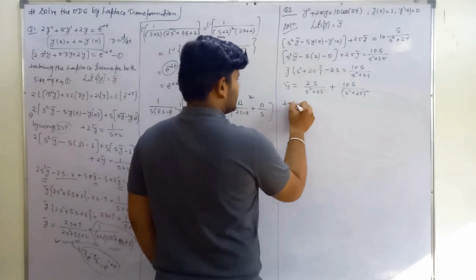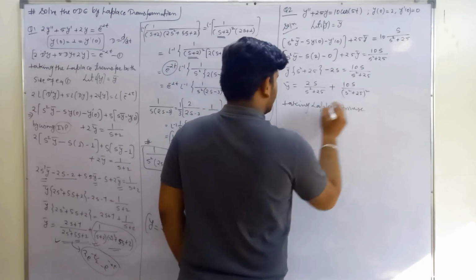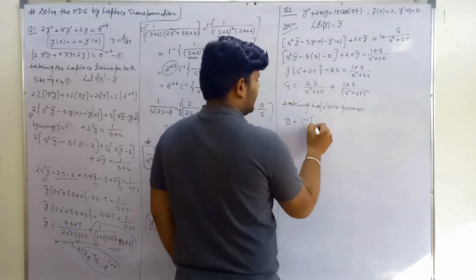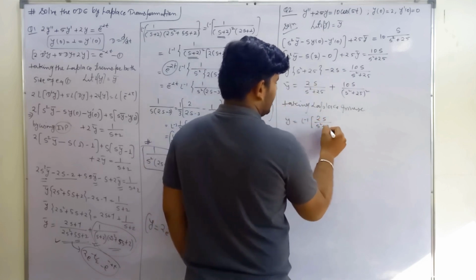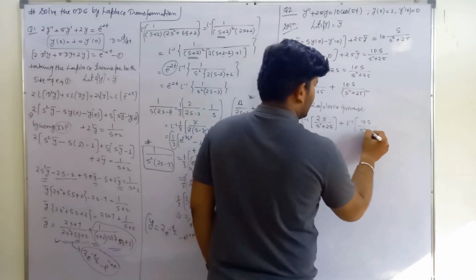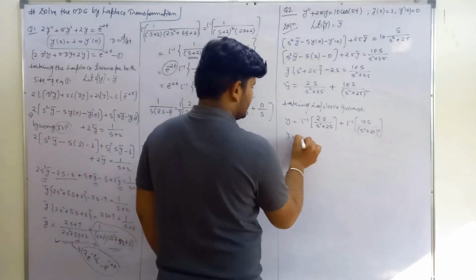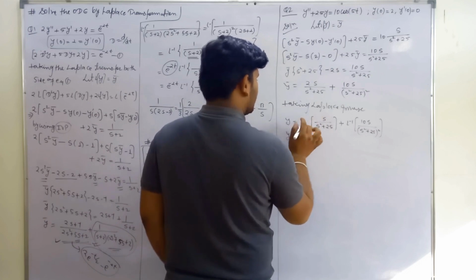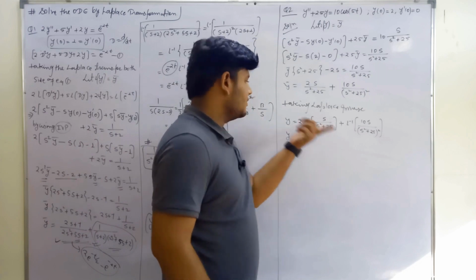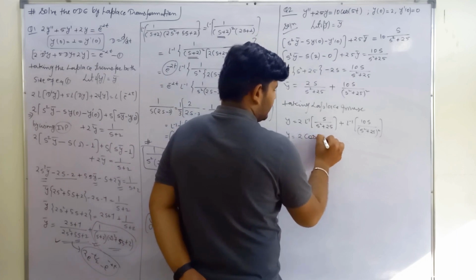Taking Laplace inverse, y is equal to the inverse Laplace of 2s upon s² + 25 plus the inverse Laplace of 10s upon (s² + 25) whole square. Now I'm taking 2 outside, so it is s upon s² + a², which is the cos formula, so it is cos 5t.